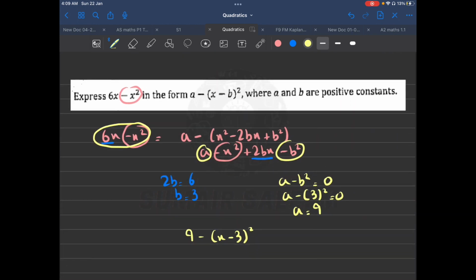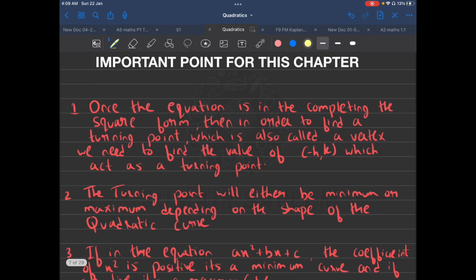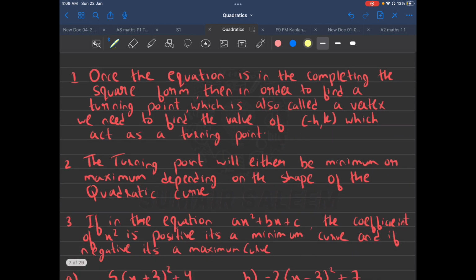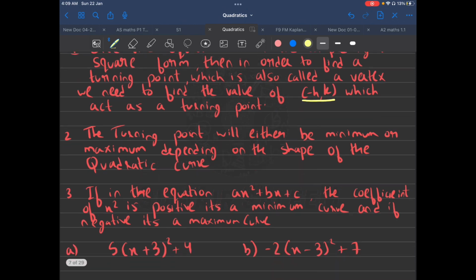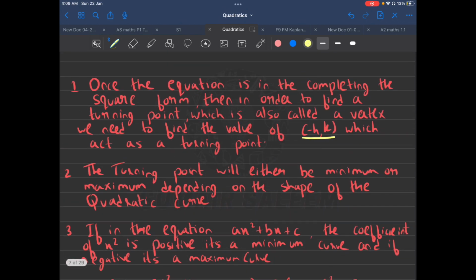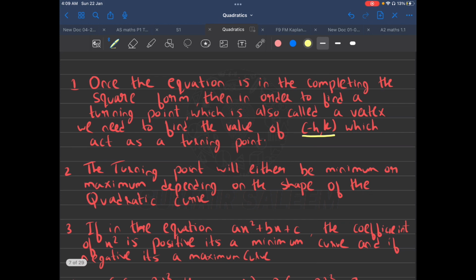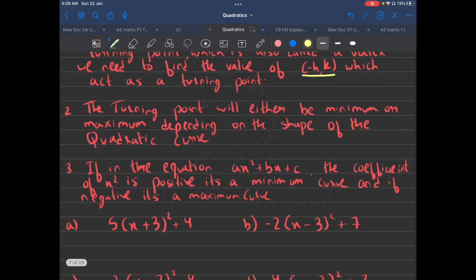Now, once we are clear with the completing the square form, we should know the turning point. The turning point after the completing the square form is minus h comma k. And if my A is positive, that means the turning point is minimum. And if A is negative, that means the turning point is maximum. Let me show you here. Ax squared.